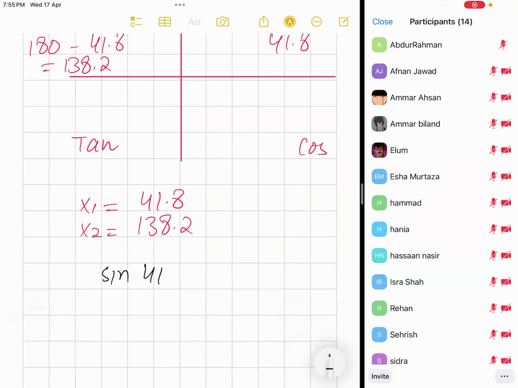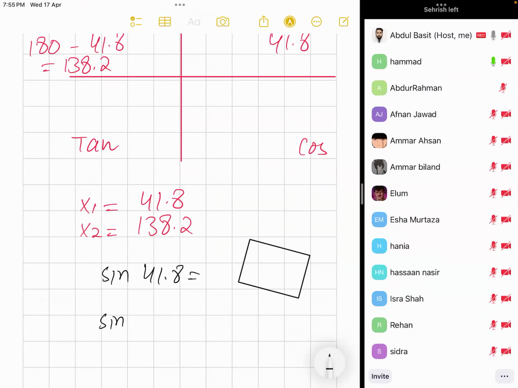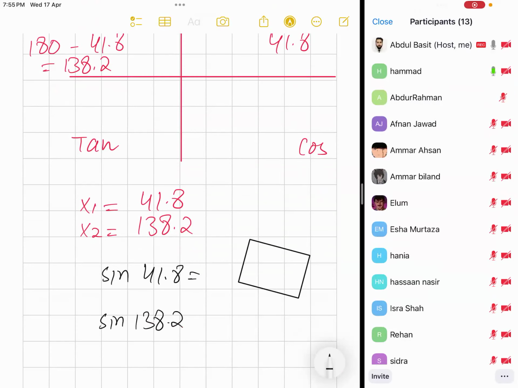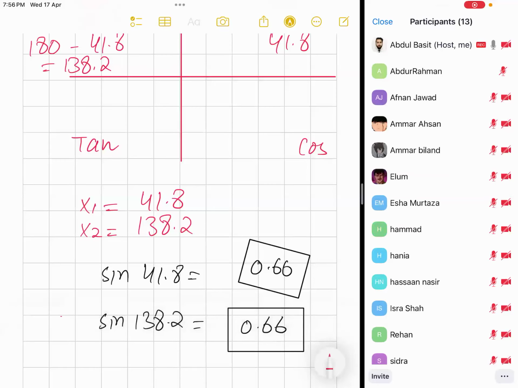Check. Sine 41.8 is equal to what? Tell me in fraction form. Sine 41.8 is coming 0.66. Fraction did not come, because we stopped 41.8 at one decimal place. The answer was 0.66. Check, do you get the same answer for 0.66 or not? 138.2, same answer is coming. Same answer, so it means that the question is correct.